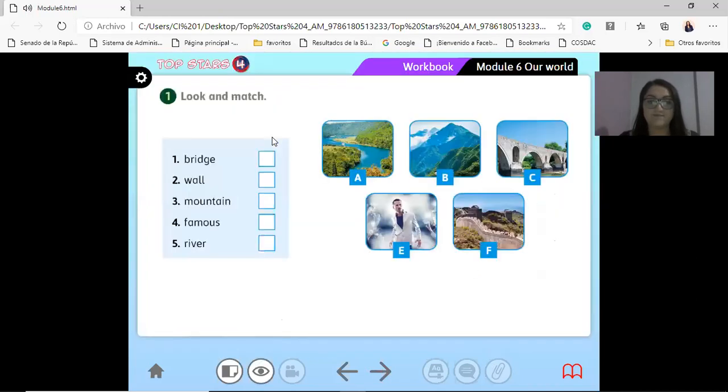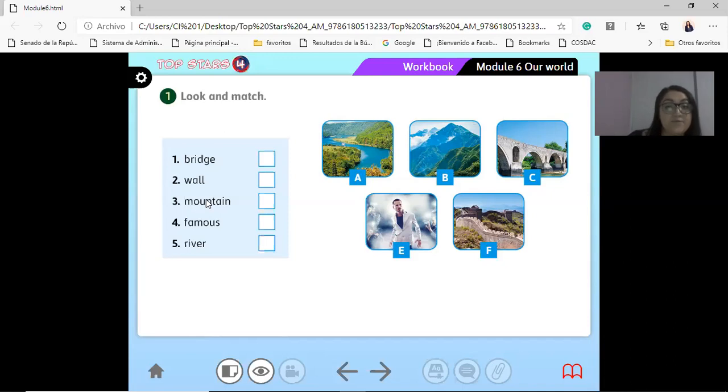Very good. We have in the next page something beautiful. I love landscapes. So in here, guys, we have 5 pictures and we have 5 words, okay? We were practicing these words in today's class, so it is going to be as a matter of practice.